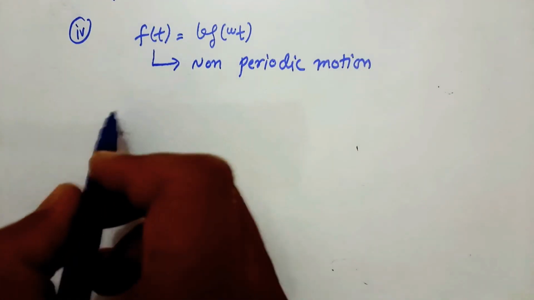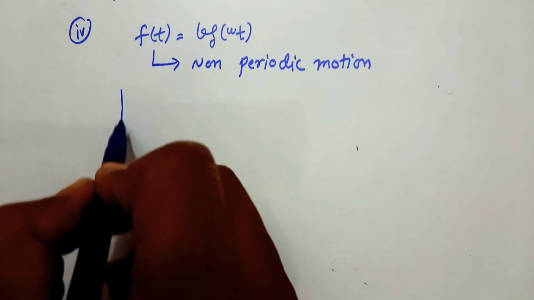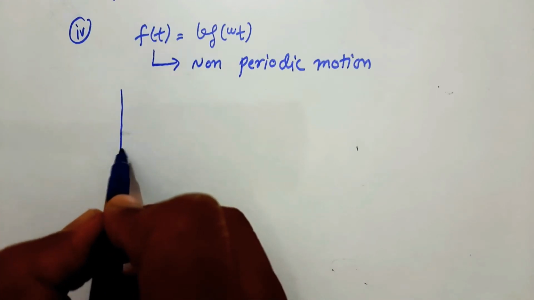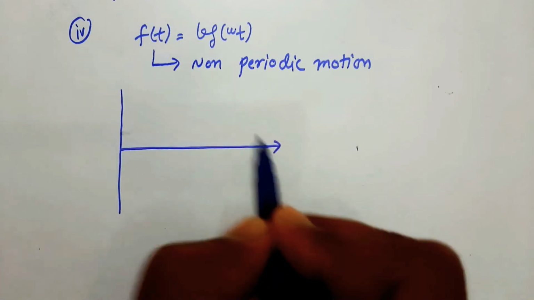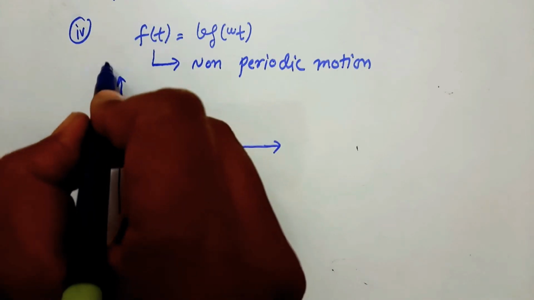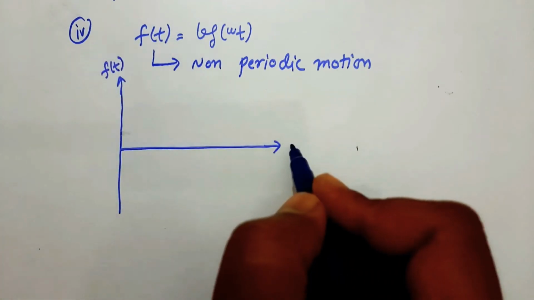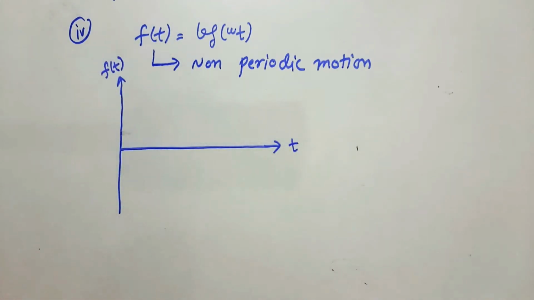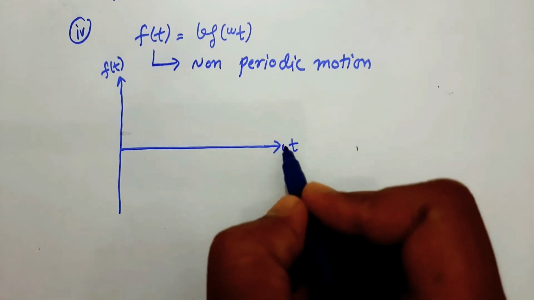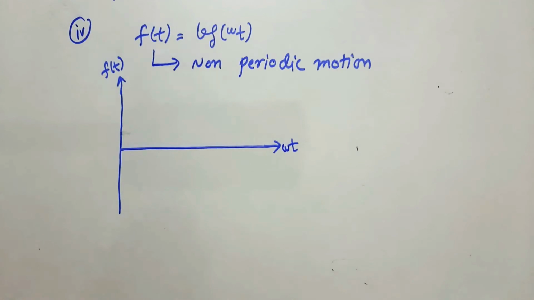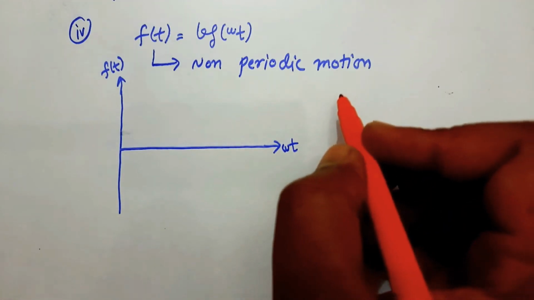Let us check. Here I have to draw a graph of f of t versus time, or omega t.